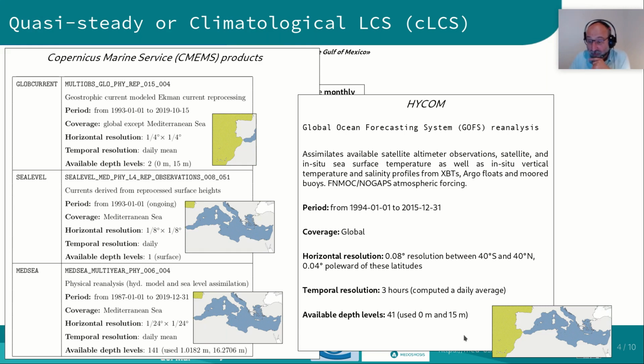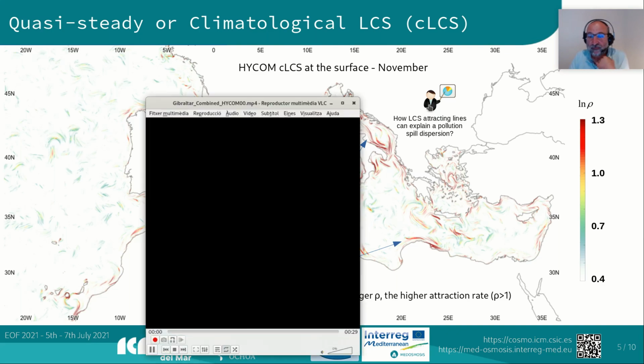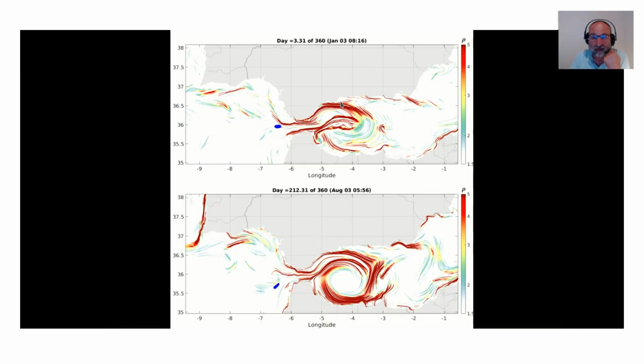And this is the typical map of the Lagrangian coherent structures at the surface. We see how the main currents and gyres are associated with very highly attractive lines. The red lines are the most attractive lines, and we can see how these lines act over a fluid component.